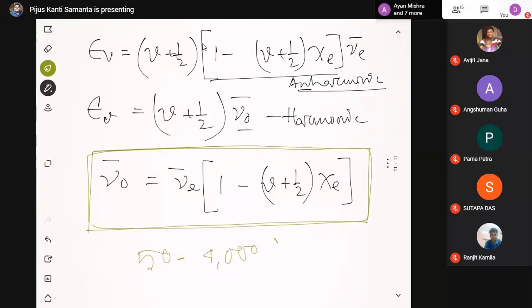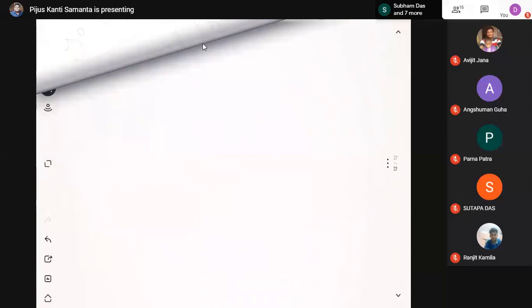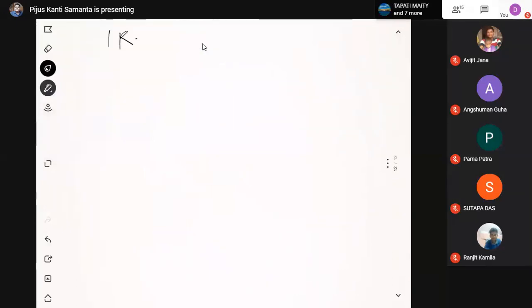This is not an exact value, but a range. So now let's get more into the infrared spectrum, and discuss in detail the vibrational states.